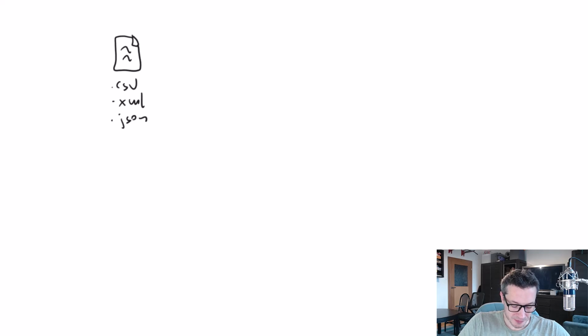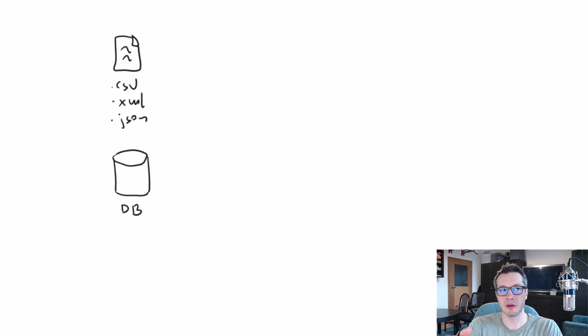Apart from files, what we often have to work with are different types of databases. Microsoft SQL Server, Oracle, MySQL, and so on, different types. And again, they might be hosted on premises, in your company network, or somewhere in the cloud, in Azure, in Google, in Amazon, and so on.